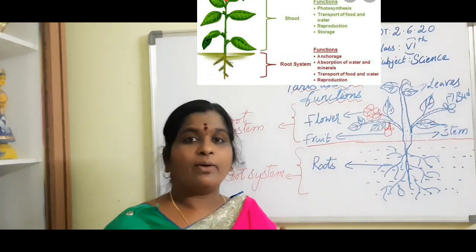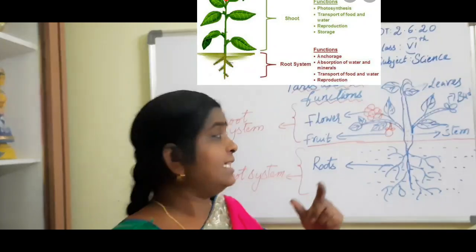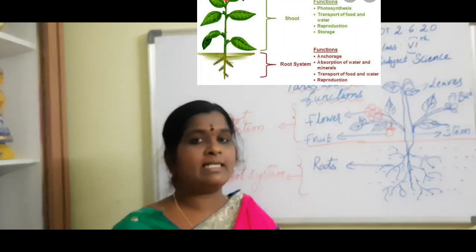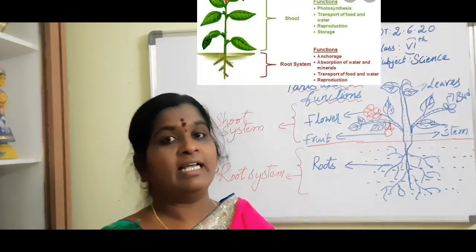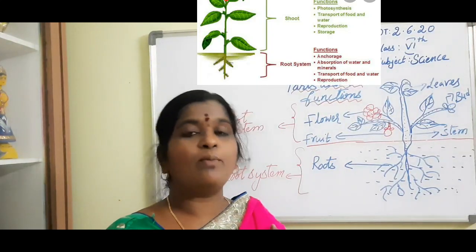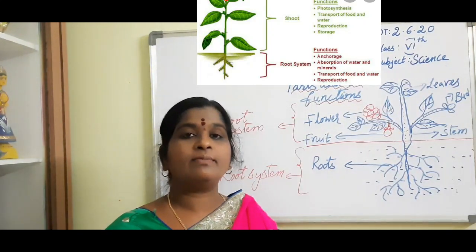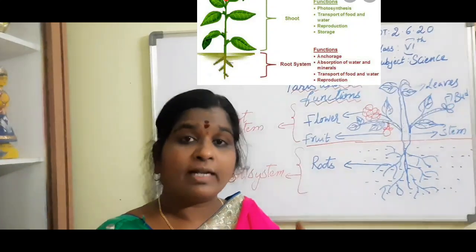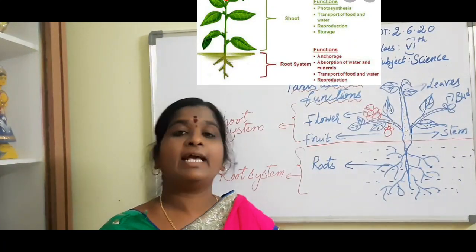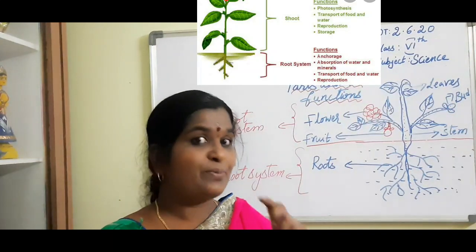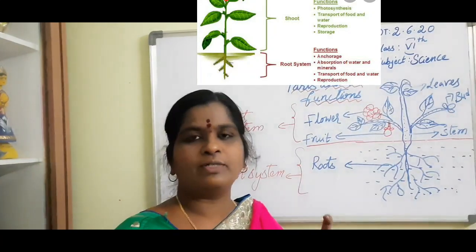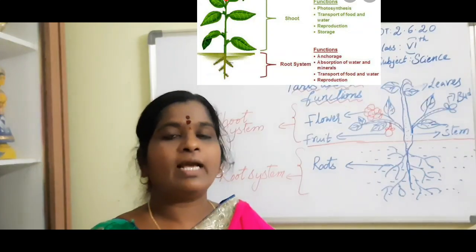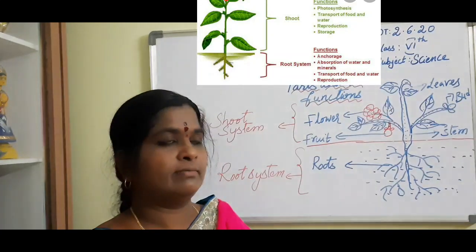Actually, one thing we have forgotten: we are telling that the plant is a living organism, but we human beings are also living organisms, as well as animals. So for our requirement of food, we go to the market to buy vegetables, fruits, whatever we require, and we cook the food and eat.